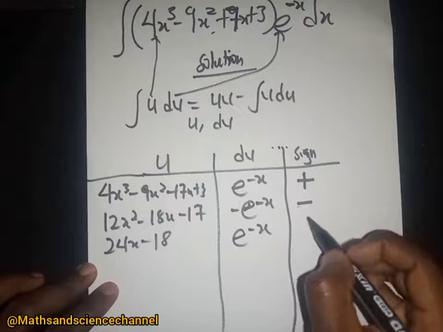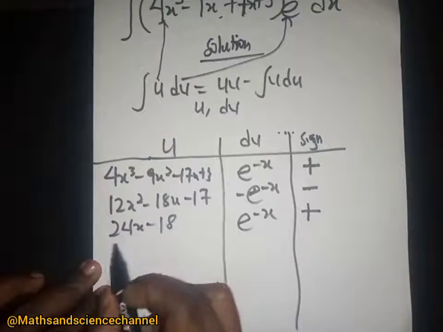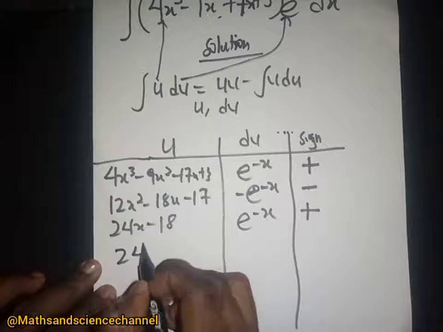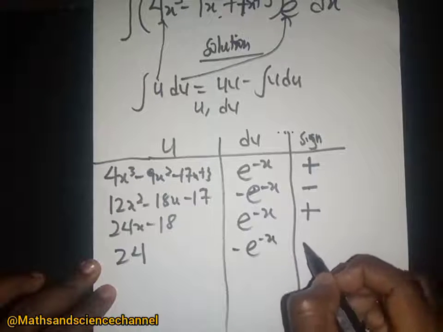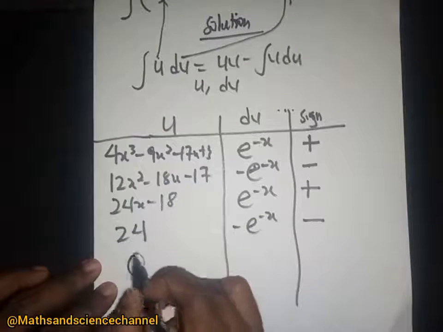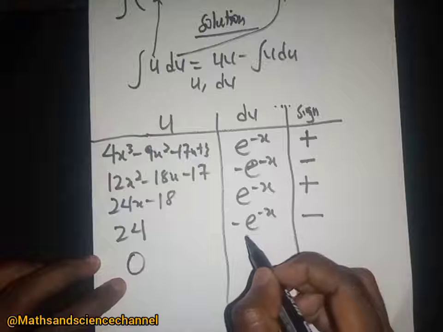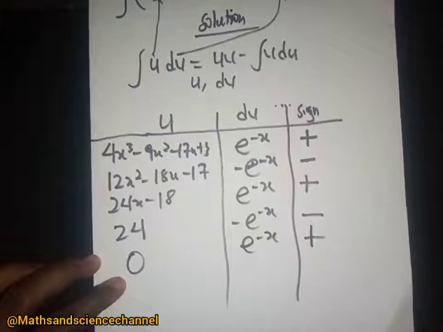Since it goes positive, negative, then positive, right? We differentiate again, we have 24 left. Then over here, negative e to the power minus x, then we have negative here. Now we differentiate again, we differentiate a constant, we get 0. We differentiate this, we get e to the power minus x, and this is just going to be positive.